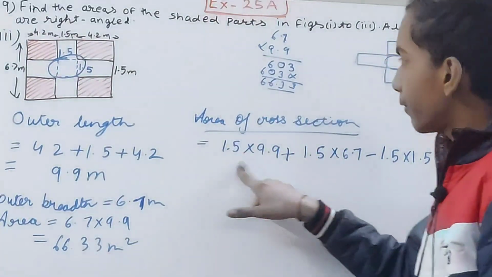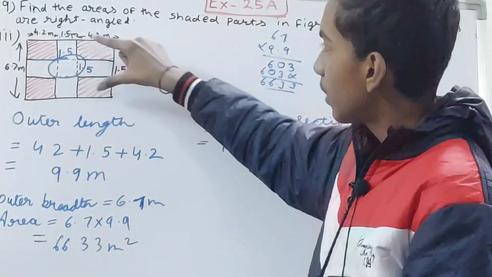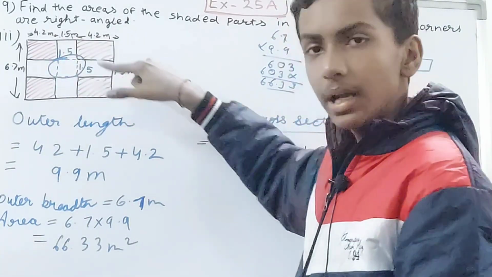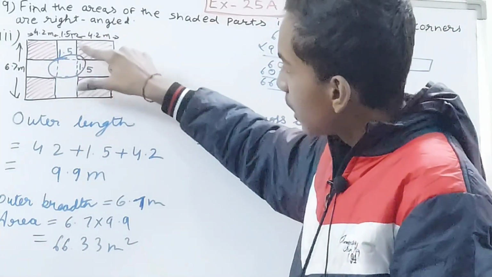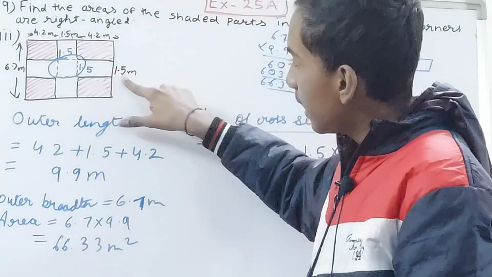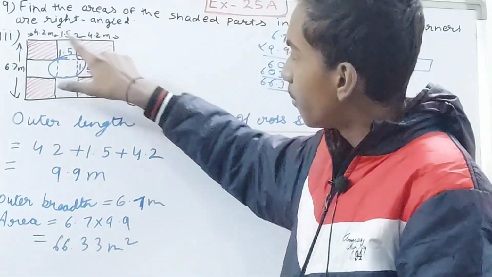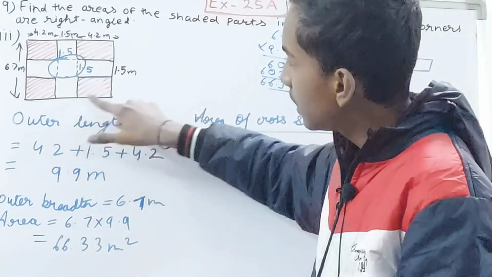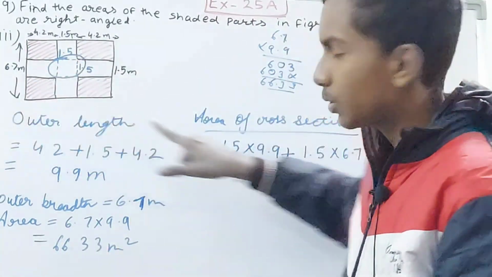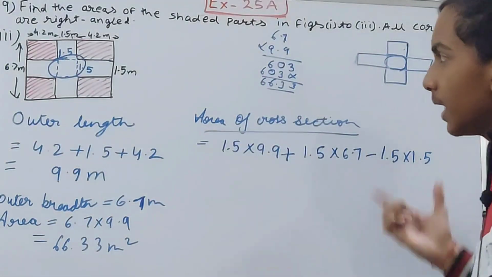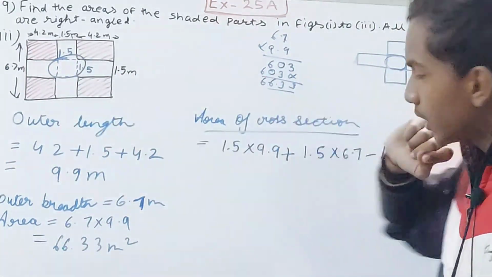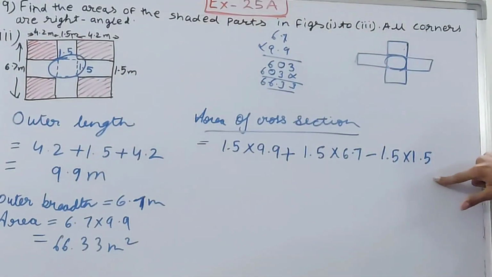First, the area of the cross section, the area of the path or whatever you want to say, we have divided into rectangles, right? And the first rectangle was 1.5 by 9.9, so I have written that. The second rectangle, you can see 1.5 by 6.7, so I have written that also, calculated the area. Then we have subtracted the area of this intersection once, so we have minus 1.5 square.